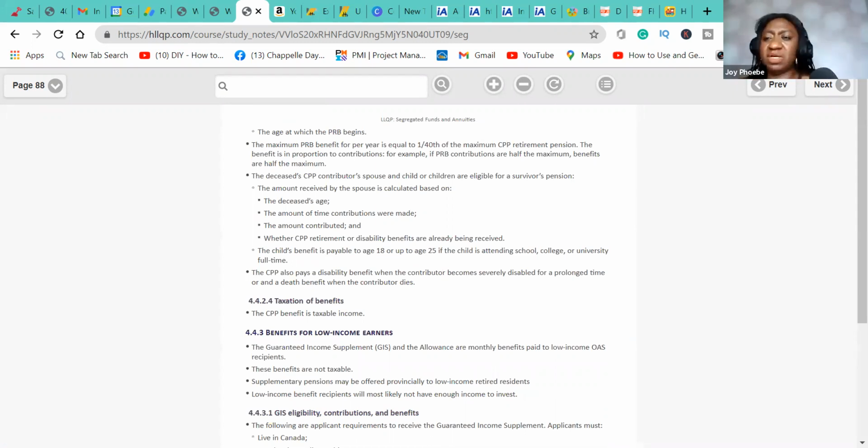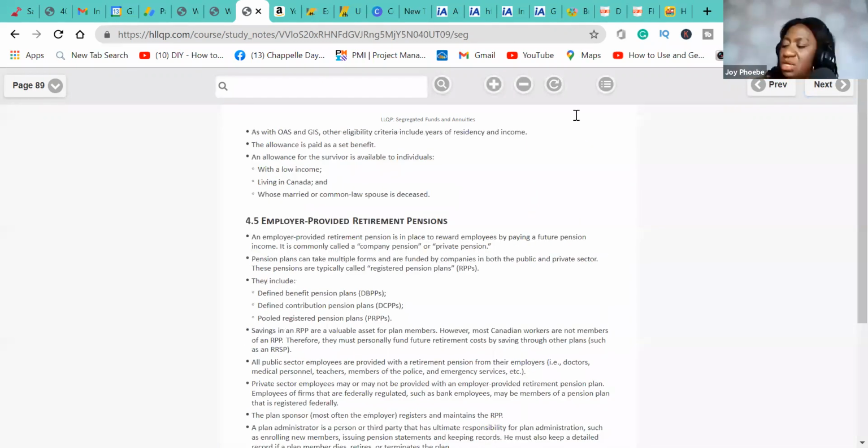GIS stands for Guaranteed Income Supplement. All that is for, you don't need to contribute into them to benefit from those government programs. All you need to do is be a Canadian citizen, and for OAS, it tracks how long you've lived in Canada since you turned age 18.